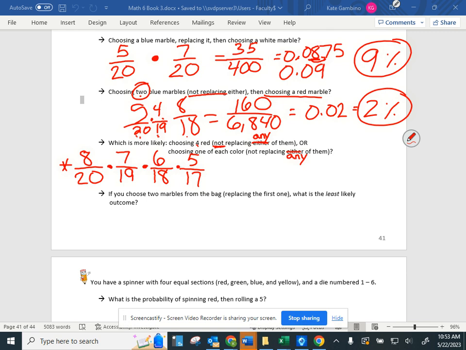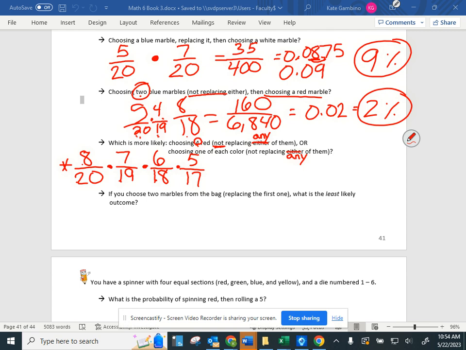Yes, and I started off with 20 marbles in my bag, and every time I take a marble out, I'm not replacing it, so my possible outcomes is going down by 1, because I'm taking a marble out each time. So both the top and the bottom go down by 1 each time. So would it be like 4, 16? We only do it 4 times. So we're only choosing 4 red marbles, so we stop there.